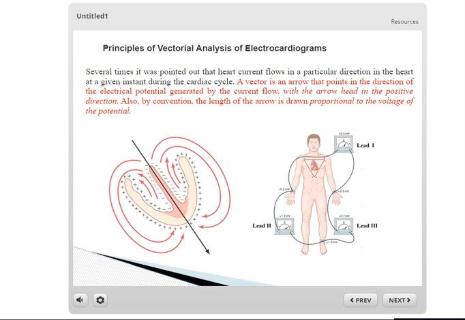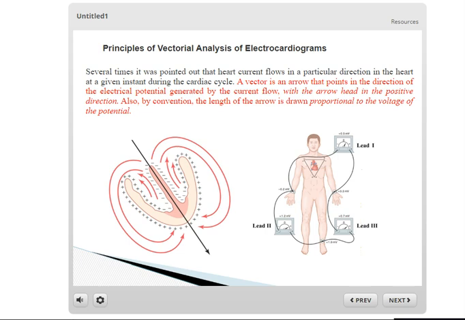conduction system. During the cardiac cycle, which includes phases such as atrial systole, ventricular systole, and diastole, the direction and magnitude of the electrical vector changes. For example, in atrial systole, electrical activity spreading through the atria generates a vector that points toward the ventricle.